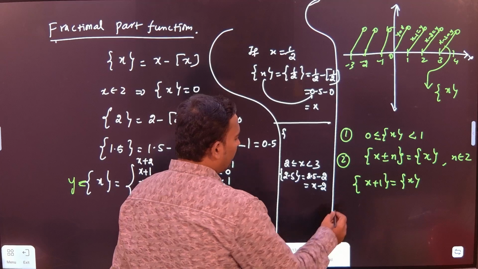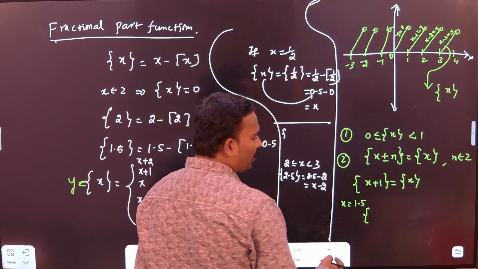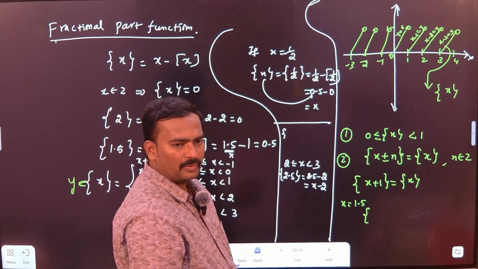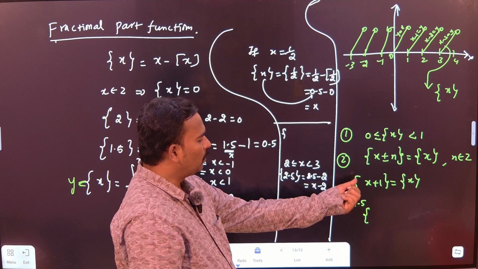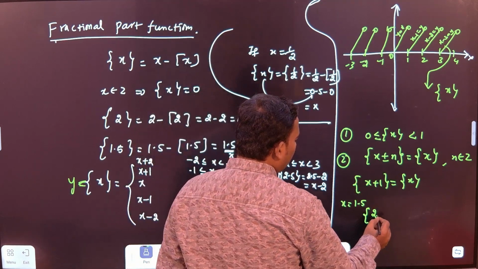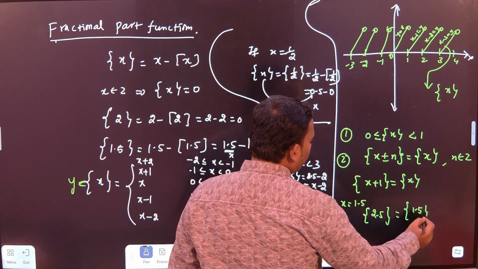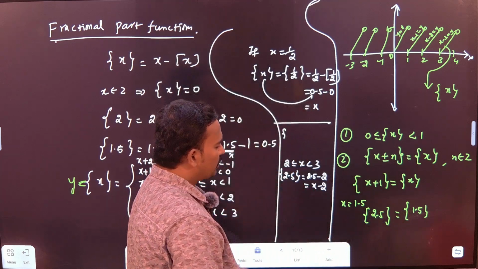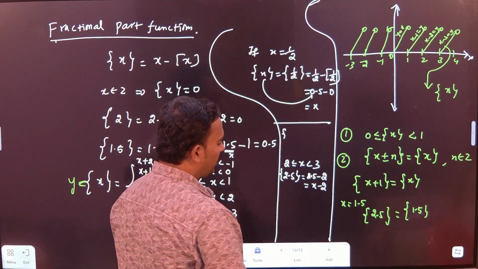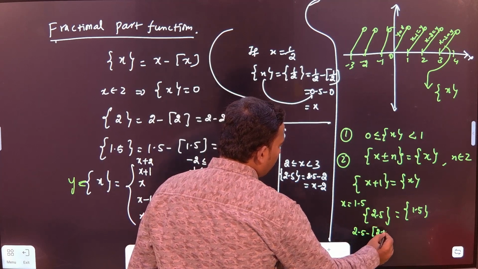For example, if I take x equal to 1.5, the fractional part of 1.5 plus 1 is what? Take LHS. 1.5 plus 1 is 2.5. The right side is 1.5, right? So 2.5's fractional part is what? 2.5 minus the greatest integer function of 2.5.